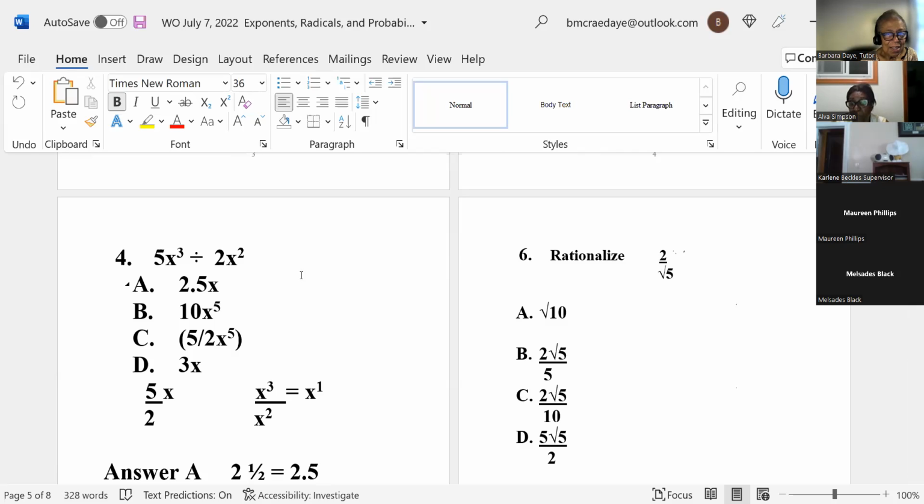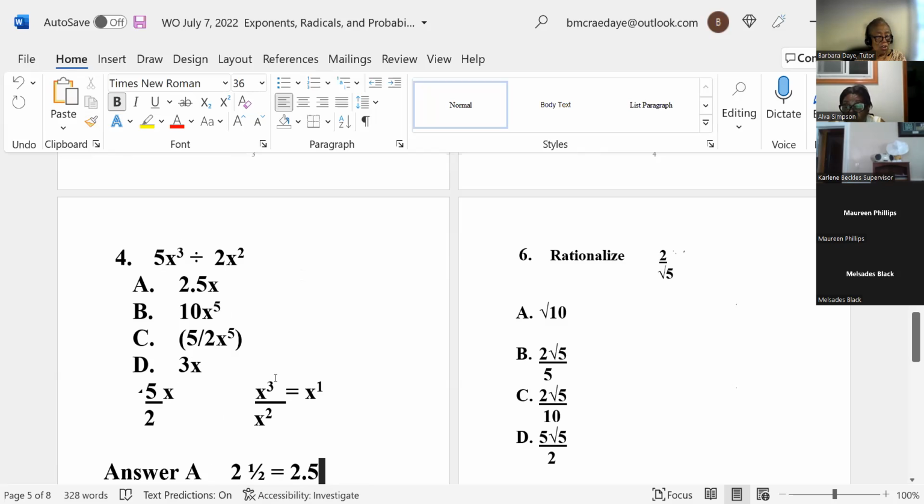Excuse me, Miss Barbara. Yes, Alba. You have to divide the 5 by 2, because if you do it the other way, you get a different answer. That's right. You have to take the coefficients, Alba, and the coefficients are the 5 and the 2. Divide those out, you get 2.5. Then divide the exponents.